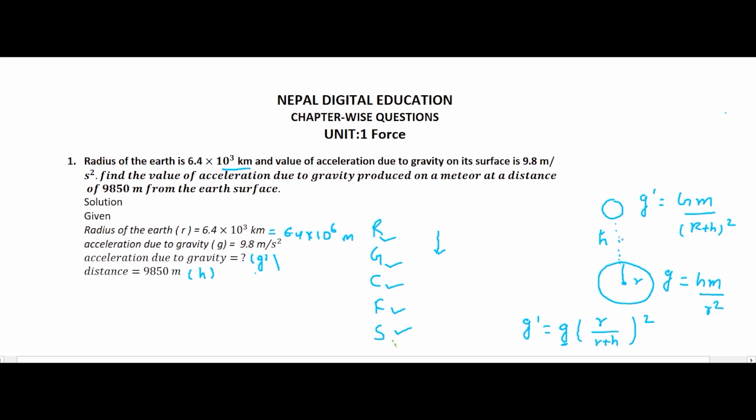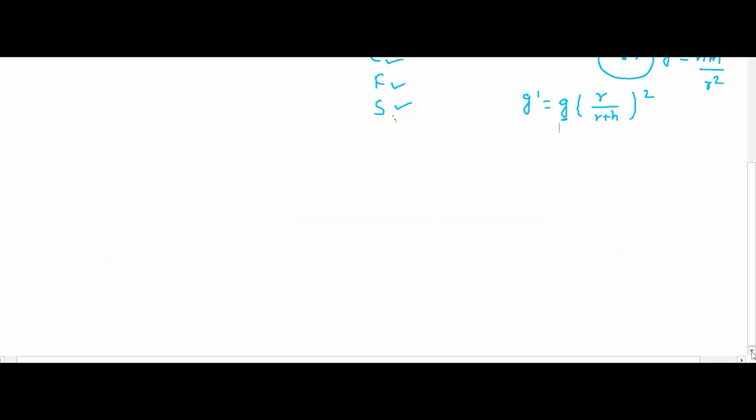So in the first case g becomes GM by r square, and in the second case g dash becomes GM by (r plus h) whole square. So our first equation is g equal to GM by r square, and the second equation is g dash equal to GM by (r plus h) whole square.